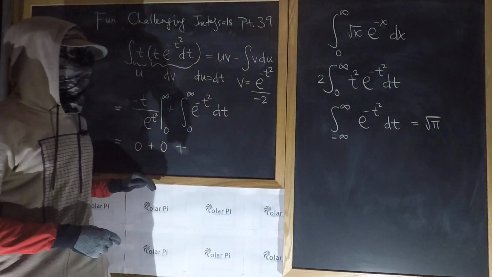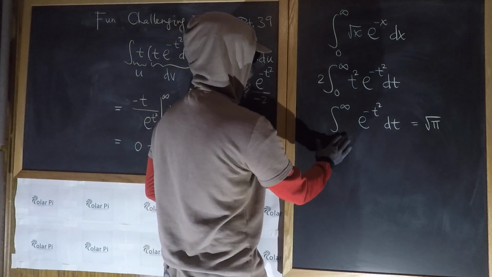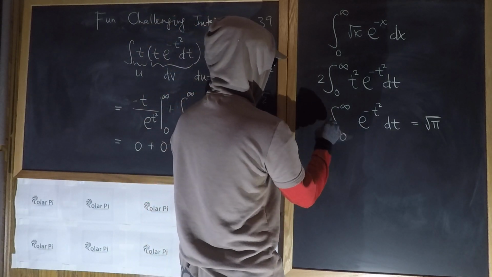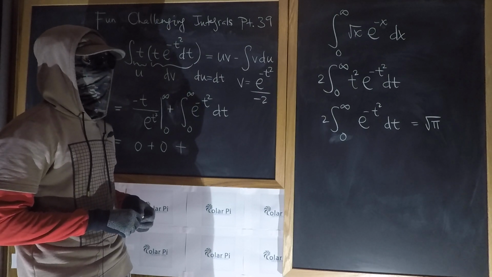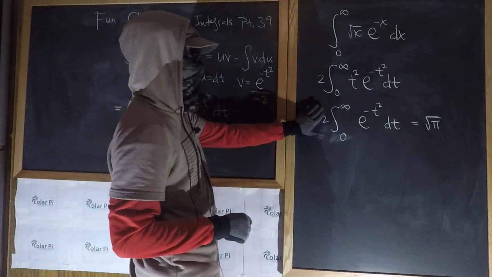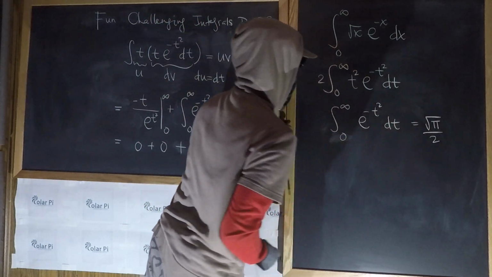So if that's equal to root pi, notice that this function is even. So I could write 0 here and write twice the integral, right? So what that means is this integral is root pi divided by 2.